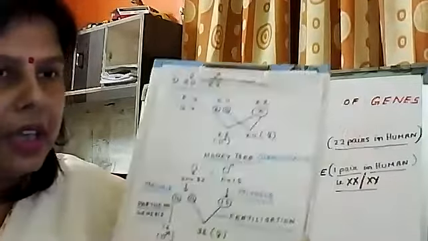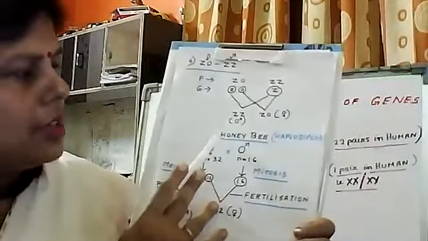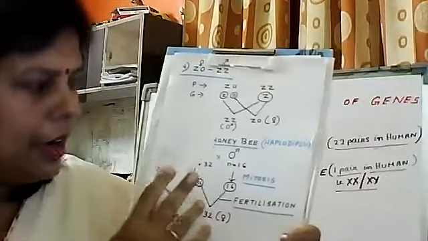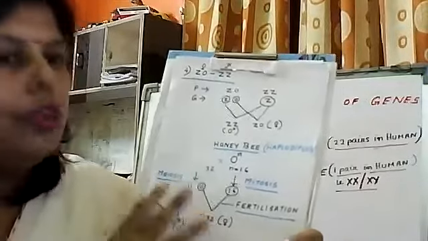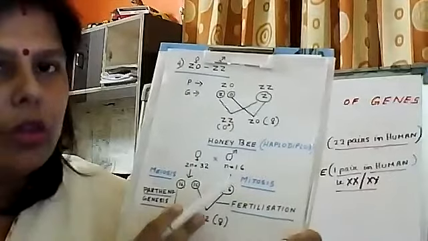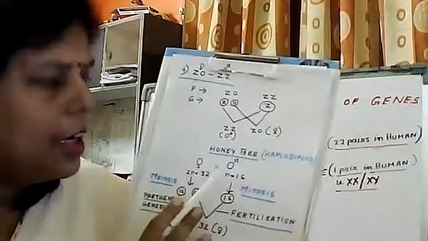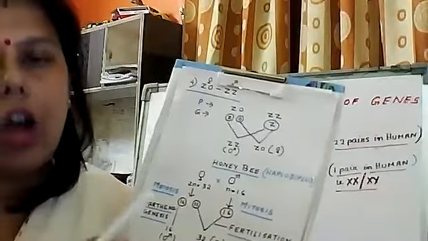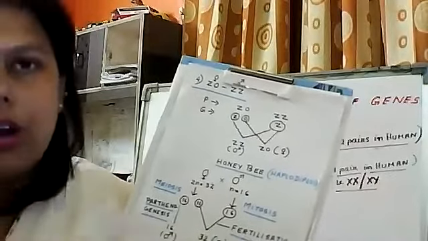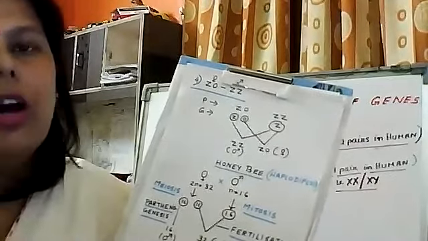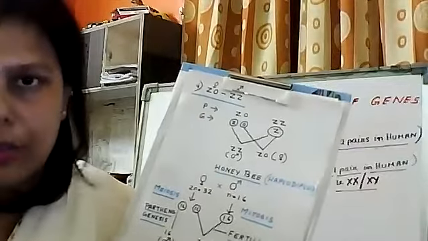Now, besides this, another explanation is given in your book. There is some exceptional case which is seen in some organisms. One such example is the honeybee. Here, children, one thing you all should know. You all have a little idea about the reproduction process.